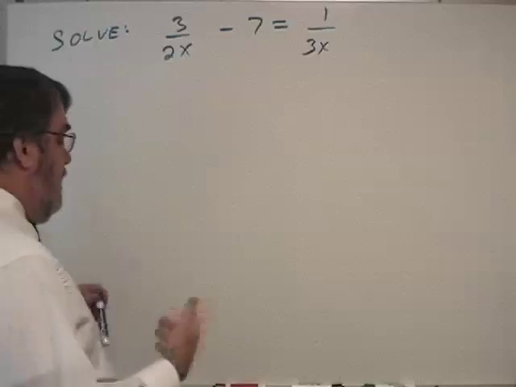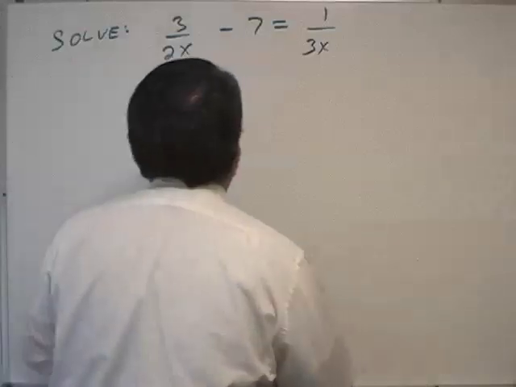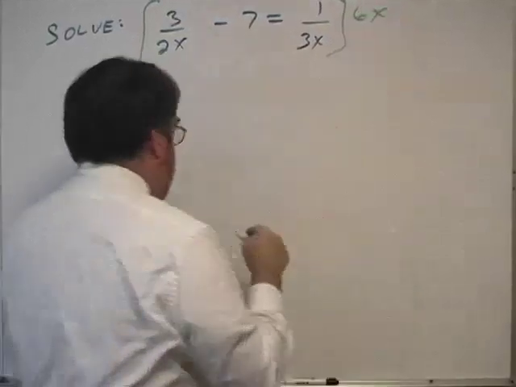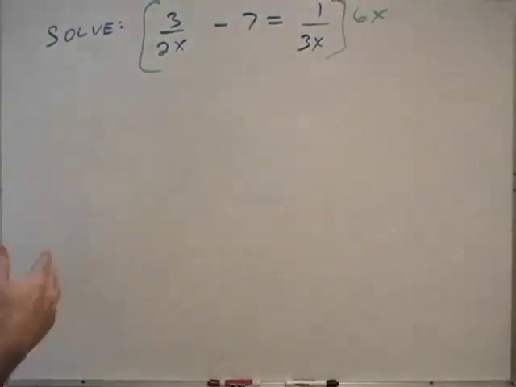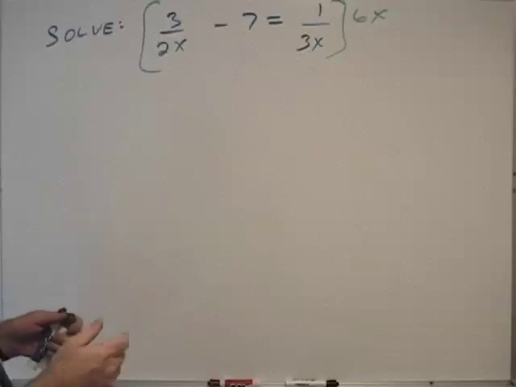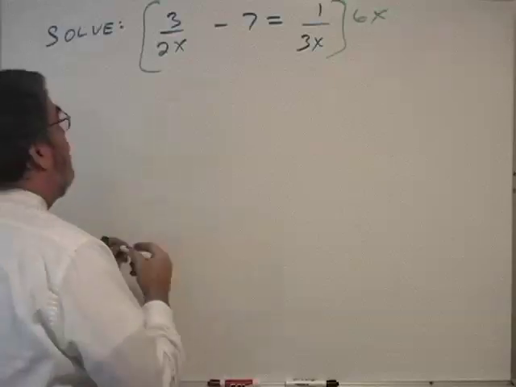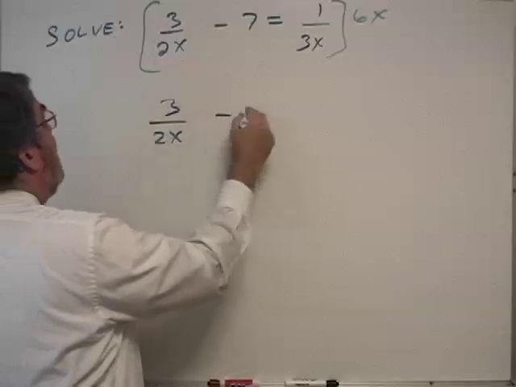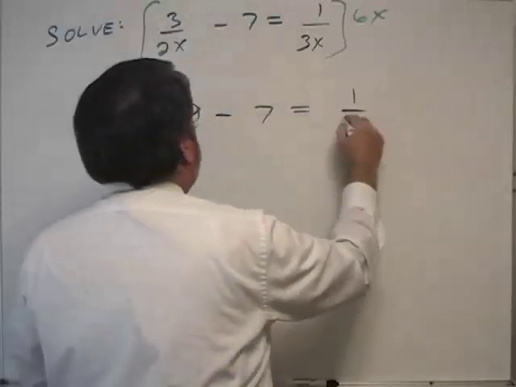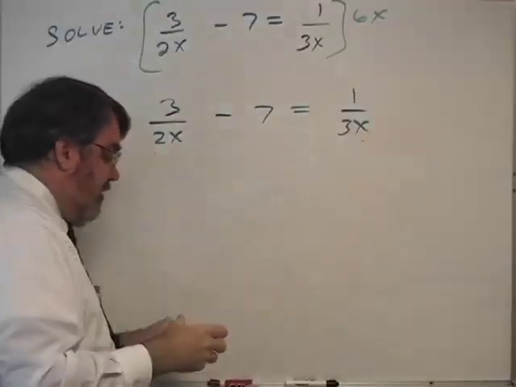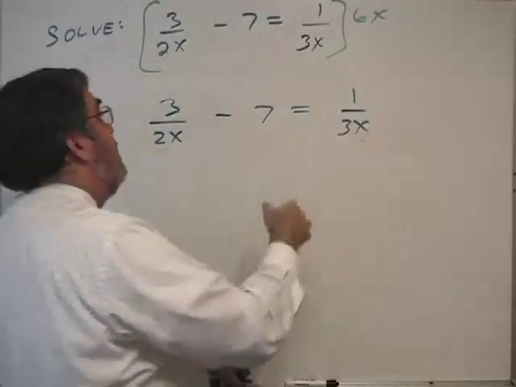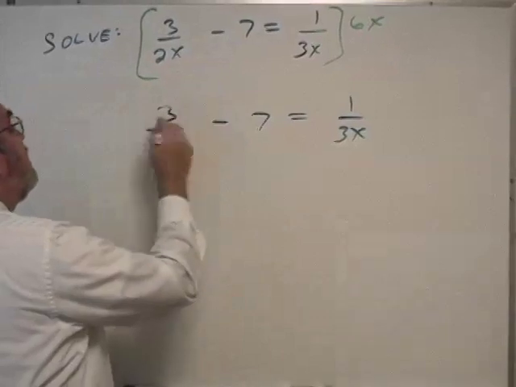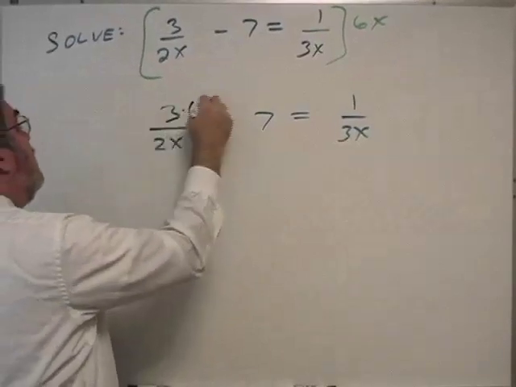So I'm going to multiply this equation by 6x, which means we're going to distribute the 6x inside. So I'm going to rewrite it so it's very visual here. 3 over 2x minus 7 equals 1 over 3x was my original equation. And so when I distribute my common denominator 6x, each term is multiplied by 6x.